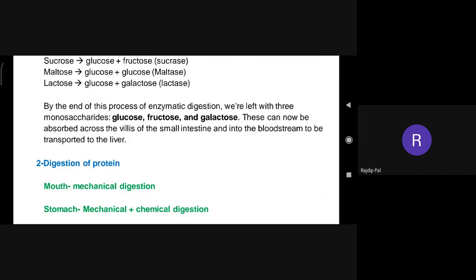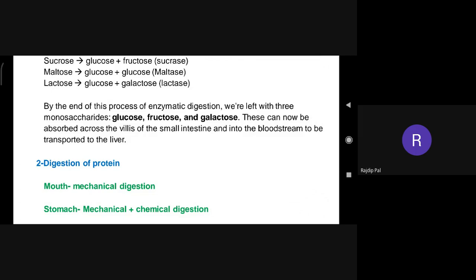Then when it comes to the small intestine, it is further broken down into monosaccharides. And what are these monosaccharides? Glucose, fructose, and galactose. So our banana has fructose in it because it is a fruit.